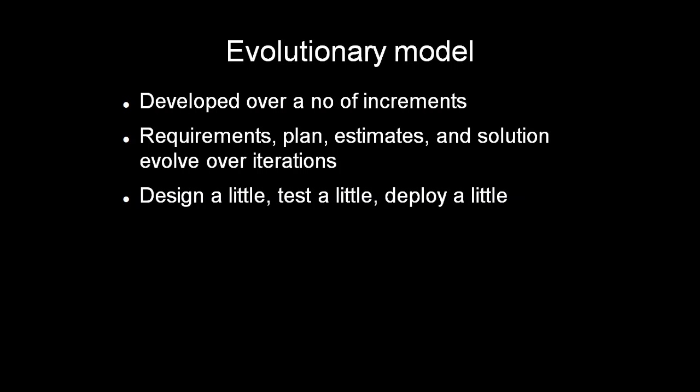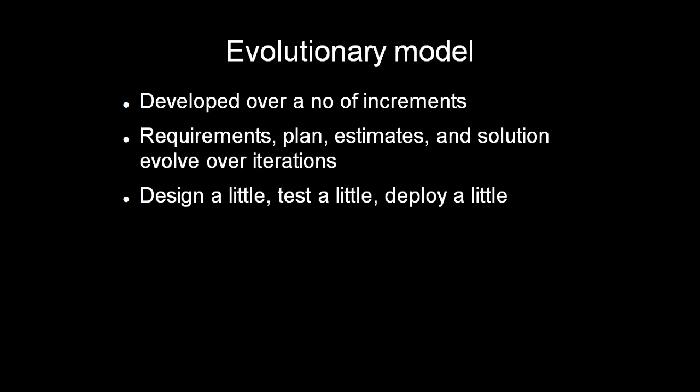But the difference between the incremental and evolutionary model is that in the incremental model, as we have already seen, the SRS is specified initially itself. We cannot modify the SRS. But in the case of the evolutionary model, we won't specify the whole requirements at the initial stage itself. We will mention only some of the features in the initial stage.